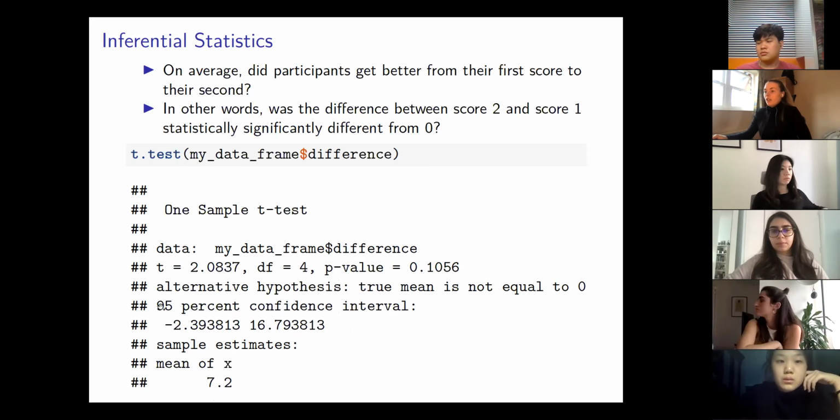So we see that our hypothesis was that the scores were different from 0, and our confidence interval encapsulates 0. So it goes from negative to positive. So 0 is in there, so we can't be certain that there is a true difference between the two scores based on this data.